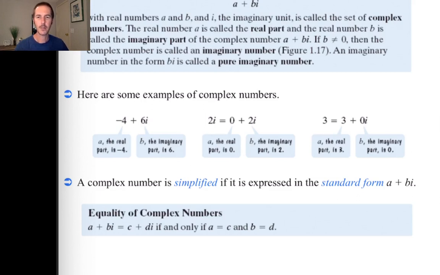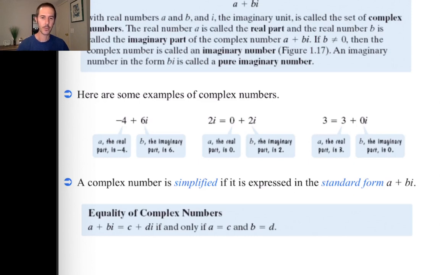In the next example, 2i is really a purely imaginary number. It can still be represented using standard form a plus bi. Your a value just so happens to be a 0. And the third example is the number 3, which can, again, be represented using standard form for a complex number.